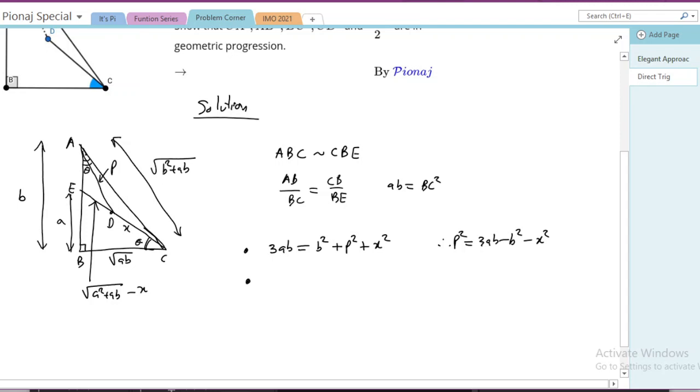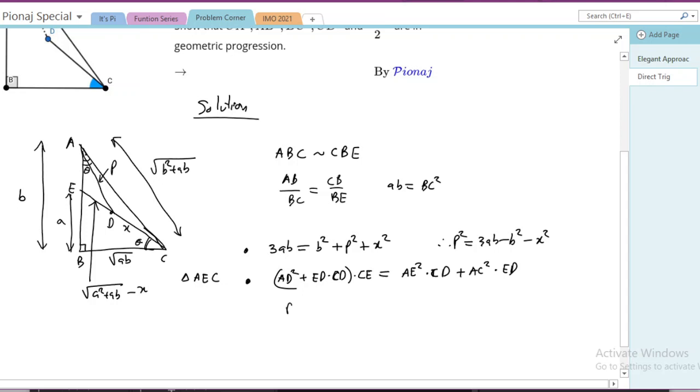And also we use Stewart's theorem on triangle AEC. Okay, so I'm just first going to write the theorem, which says that AD squared plus ED times CD times entire length CE is going to be equal to AE squared times CD plus AC squared times ED.